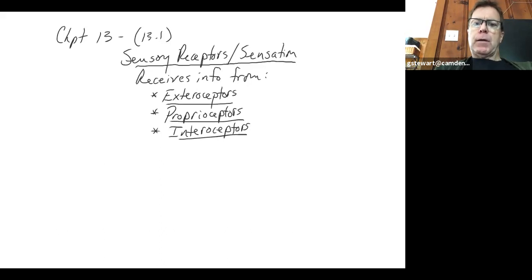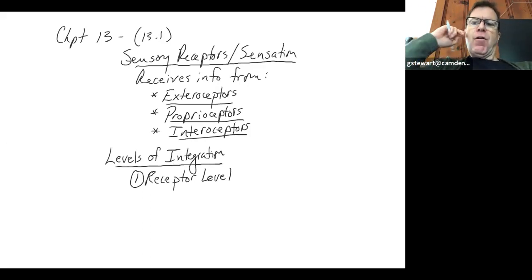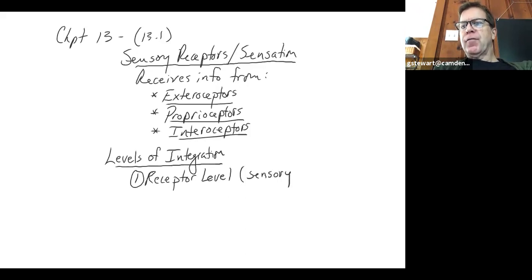But first we need to talk about levels of integration. Don't worry, that's just a complex way of saying the pathway of neural stimulus. So you stick your fingertip on a hot stove. Very first of these levels of integration, there is the receptor level. Okay, that just means in your finger, there are sensory receptors that get stimulated from the heat of that hot stove.